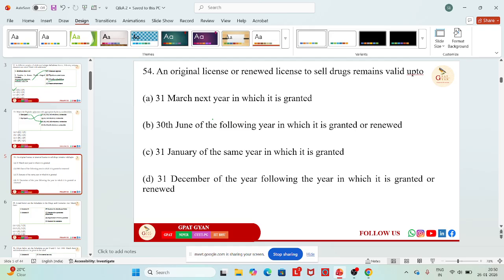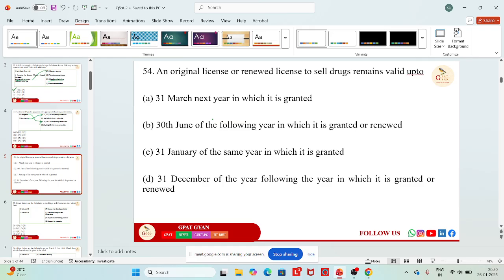Whenever you are getting the license, if it has been issued, I'm just giving you an example, in January 2026, it will be valid up to 31st of December 2026.